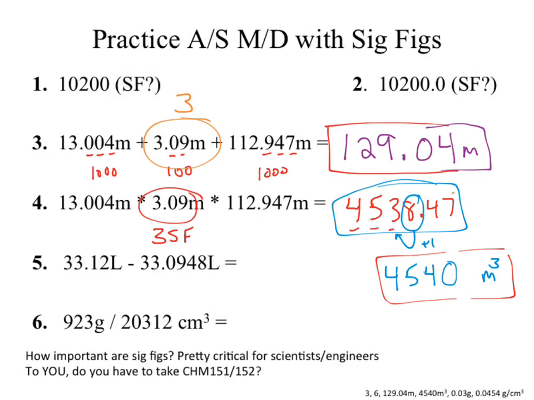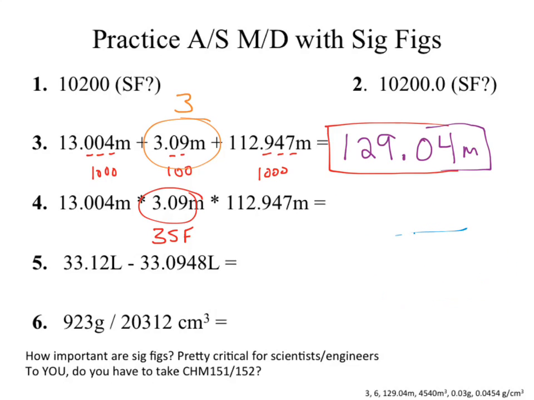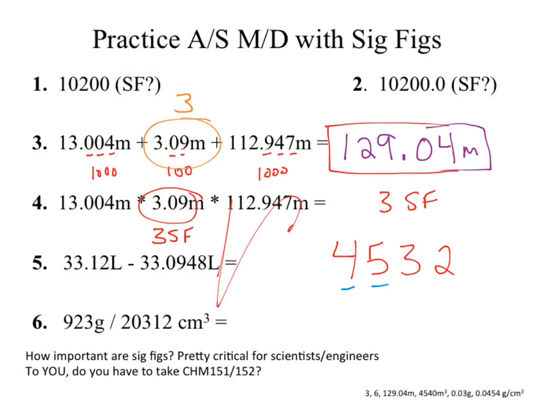I will admit what ifs are kind of dangerous. So let's look at a new number. New calculation. I don't care about all the rest of that now. We wanted 4, 5, 3, 2. And I said I wanted this to 3 sig figs. What answer do I report? 4, 5, 3.